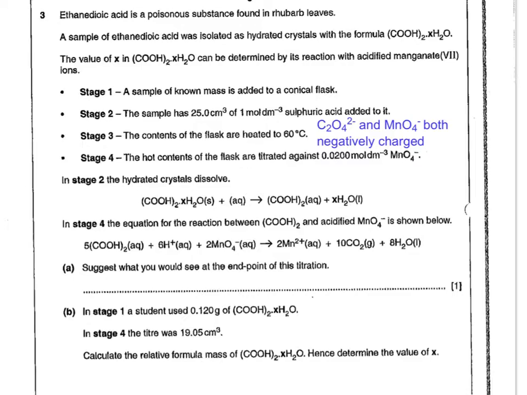So it says in stage 2 the hydrated crystals dissolve. It gives you the mole ratios, 1 to X, X being the moles of H2O. And it says in stage 4 the equation for the reaction is shown as below. So you can see that you've got a 5 to 2 ratio of manganate. But the first thing it asks you to do is to say what you would see.